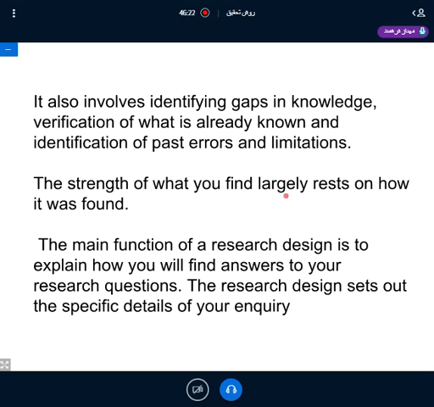The strength of what you find largely resides in how it was defined. The main function of research design is to plan how you will find answers to your research questions. The research design sets out the specific details of your inquiry.